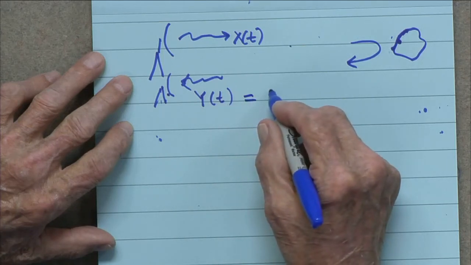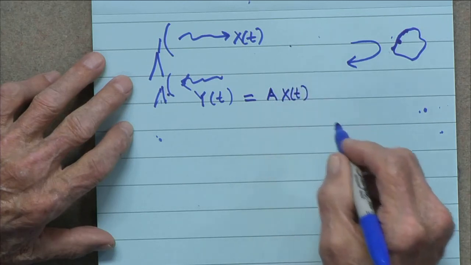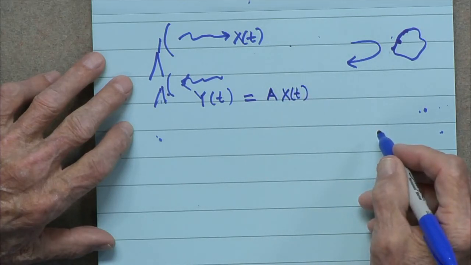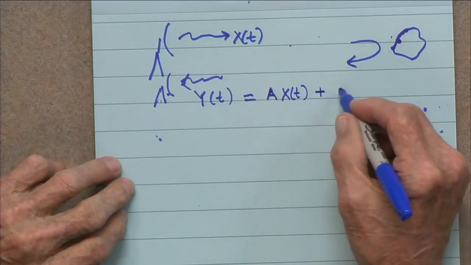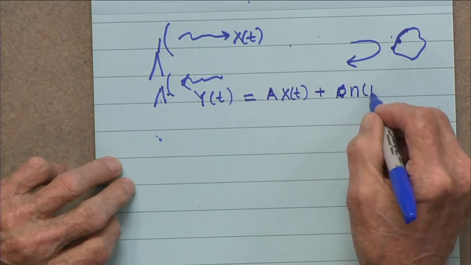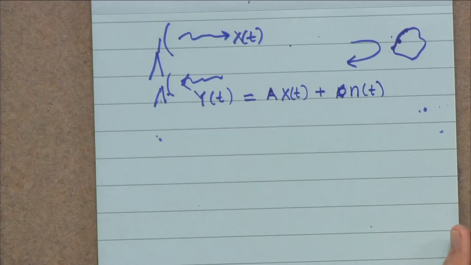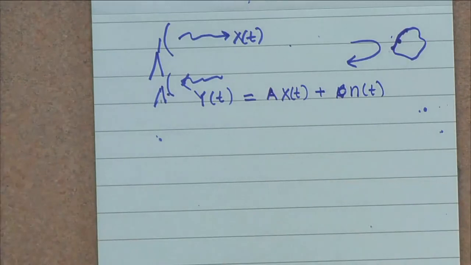Is it going to be some amplitude times x of t plus noise? I'll call it n of t. Right, this signal has to go through all sorts of reflections, hits that spacecraft, and it comes back.